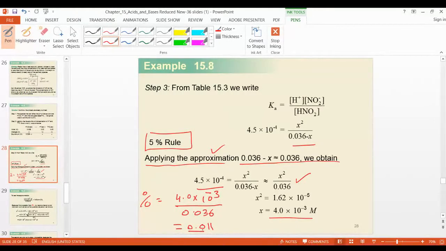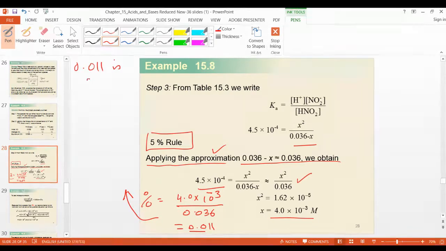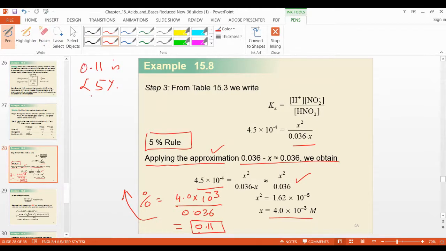0.11, right? Not 0.011, just 0.11. Okay. So is this 0.11 less than 5% or greater than 5%?